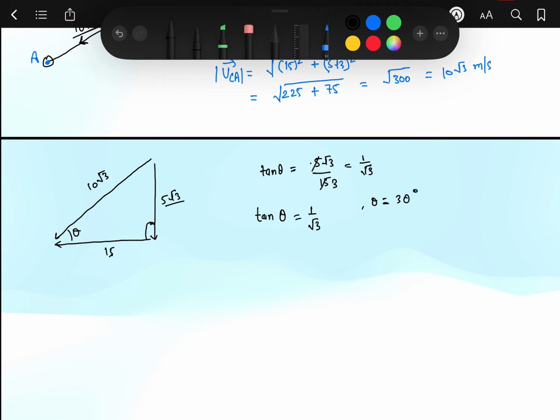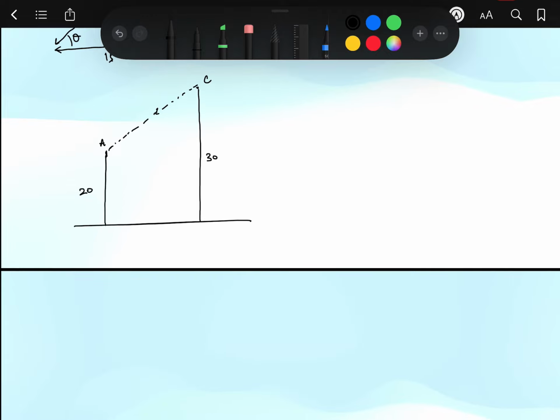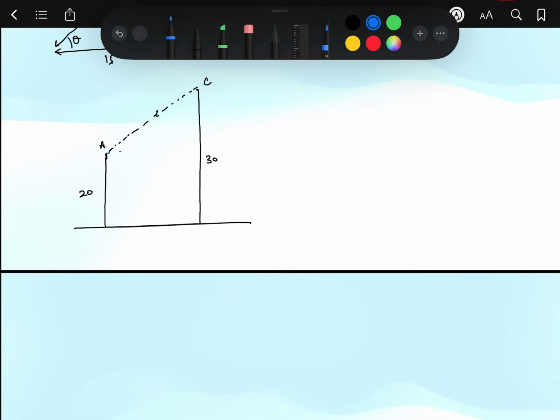Now coming to our question's first part. This is our tower A, this is our tower B, this is 20 meter high, this is 30 meter high, and this is our point A, this is our point C. Since we are observing this C particle from this A, their relative velocity is always in this direction, and we have calculated this angle.